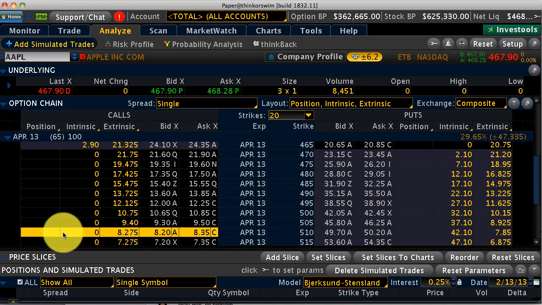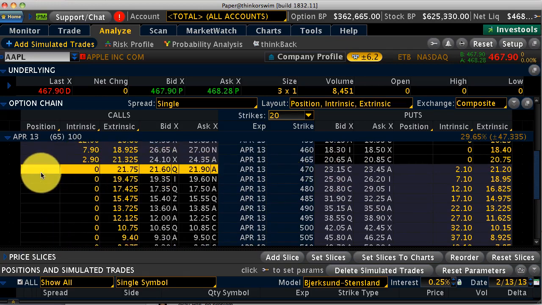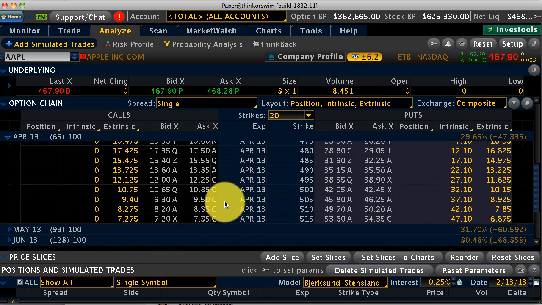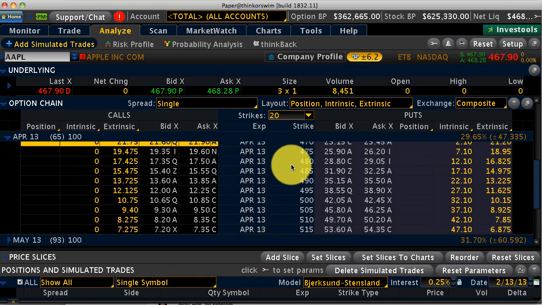And although this is less than your 470 call in terms of the extrinsic value, you'll also realize that time decay on out of the money options is actually faster as a percentage of the value of the option than your at the money or in the money options. And why is that?